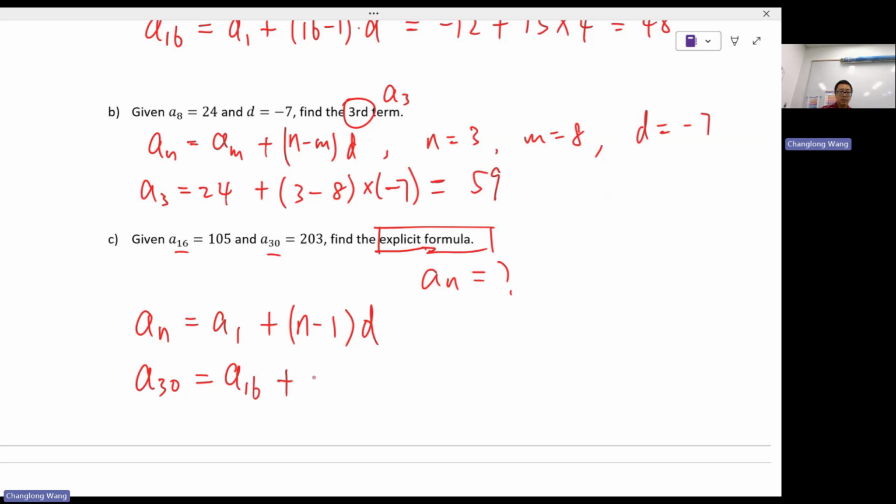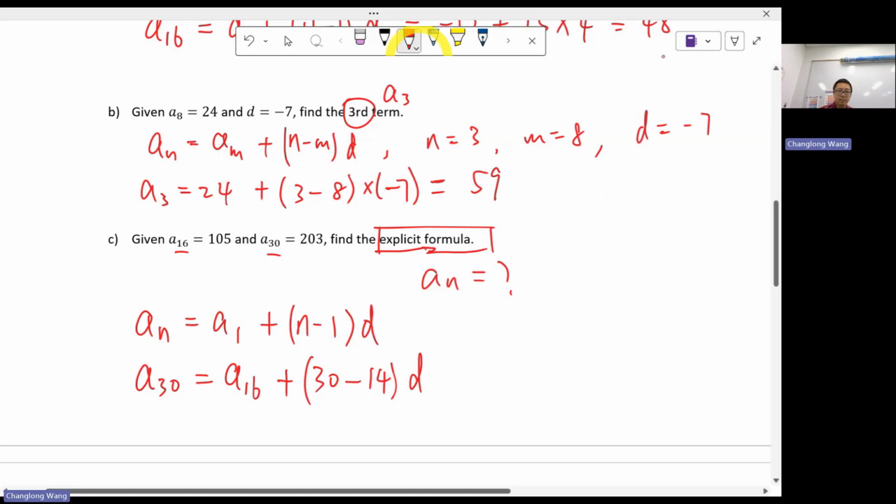I need to add 14, which is 30 minus 16, times the common difference, to go from the 16th to the 30th term. Yes, you actually get 14 by subtracting 16.